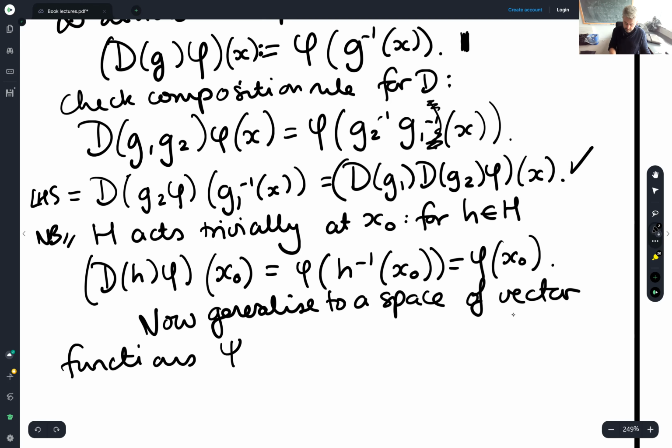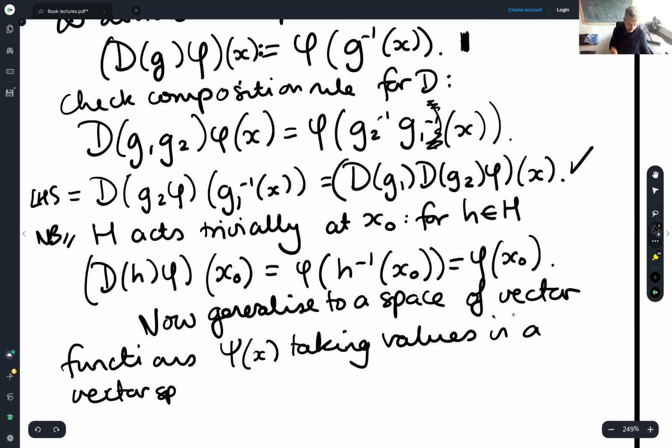We'll call these in general psi of x, and these take some values in a vector space, call that vector space V. So it's necessary that there's a finite dimensional representation D of the little group acting on V.